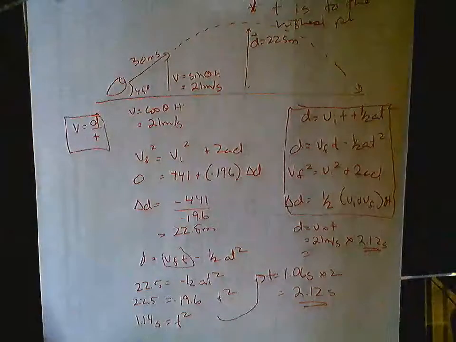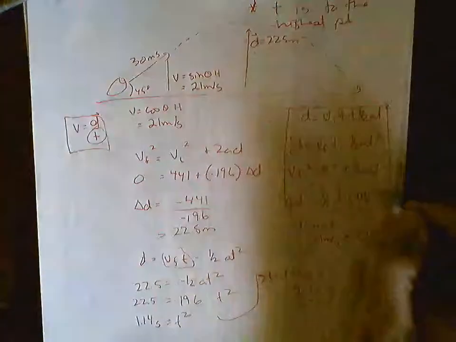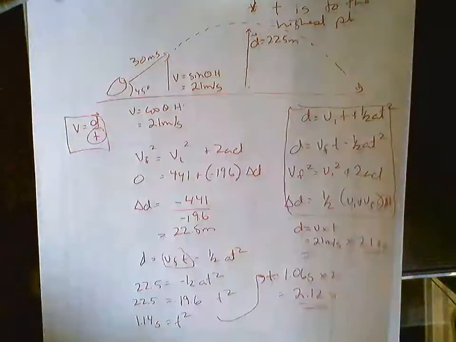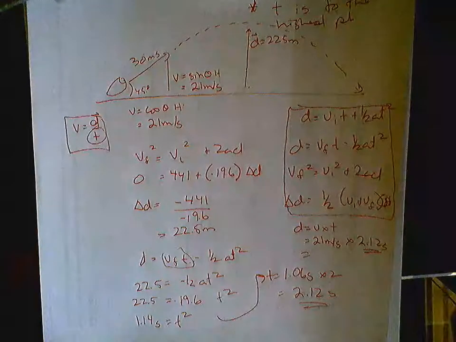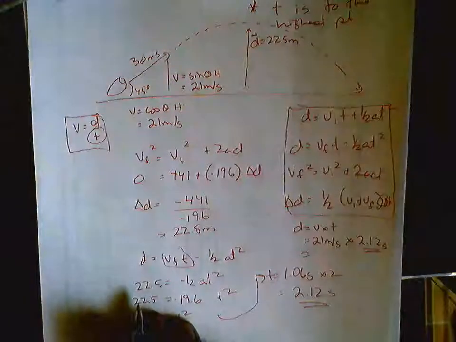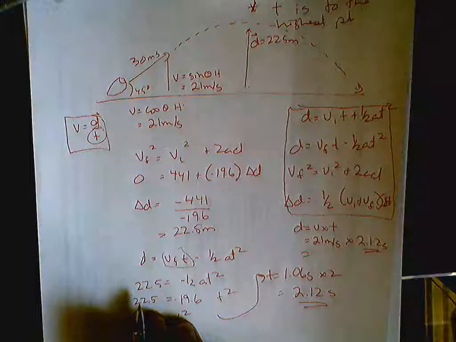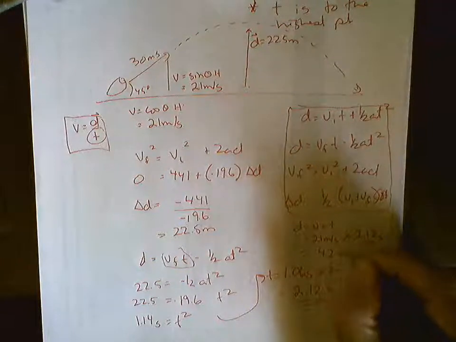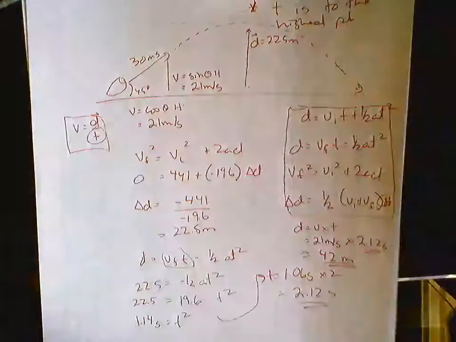Now, time is the only variable that we can switch back and forth between this formula and these formulas. And that's because time doesn't have a direction. It is a scalar. It allows us to take the time from over here and put it in this formula here. So what we have here is approximately 42 meters that it traveled.